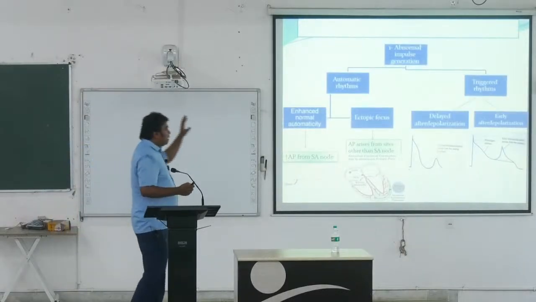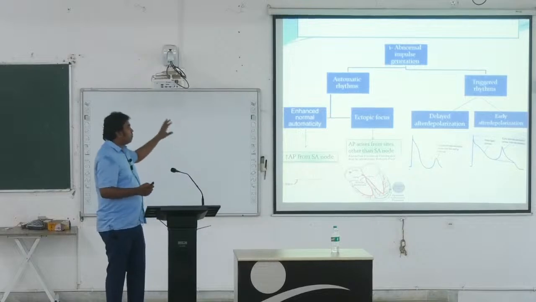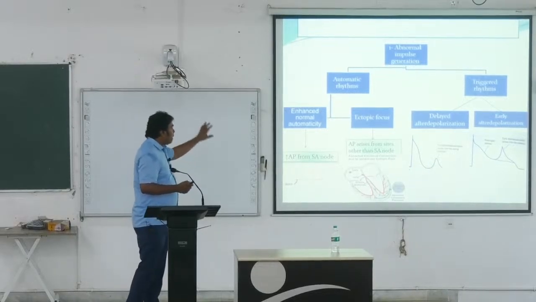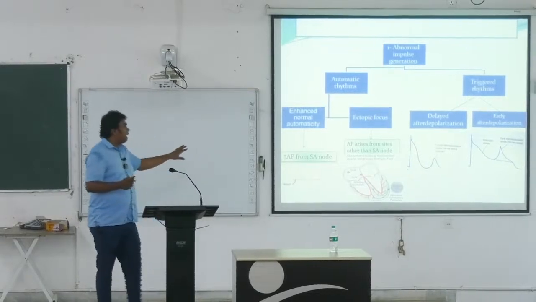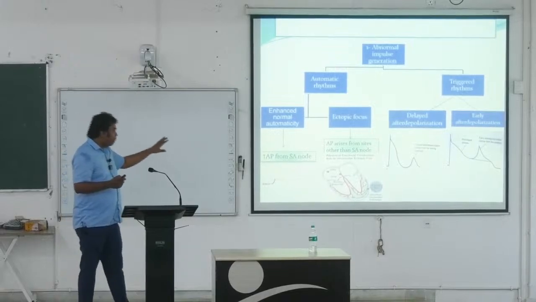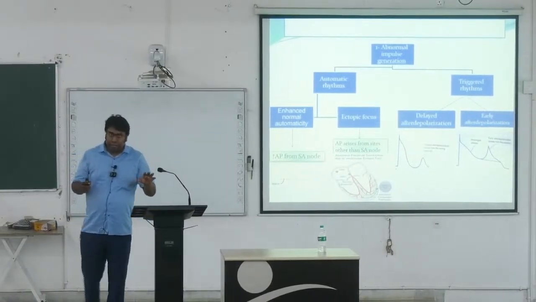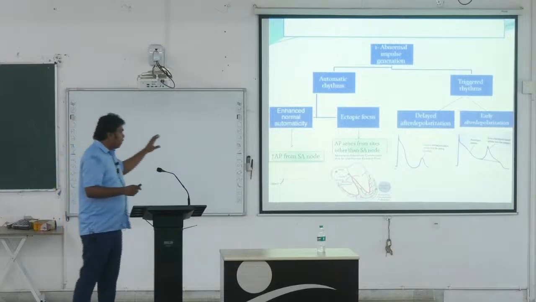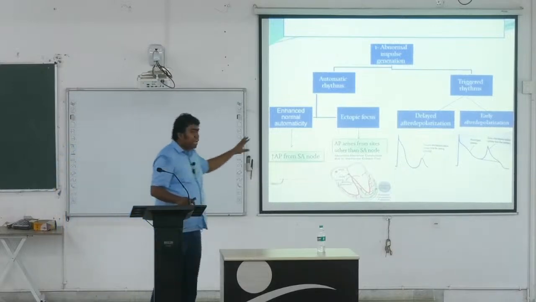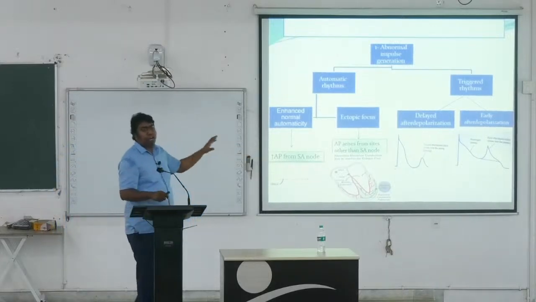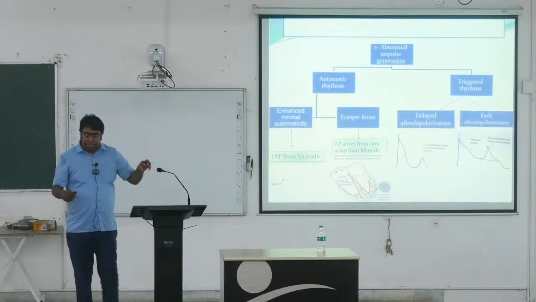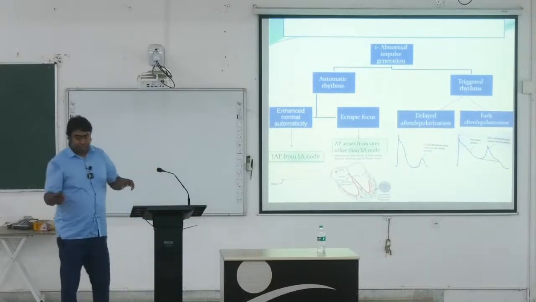So abnormal impulse generation may be automatic, with enhanced activity from the SA node, or from an ectopic focus. An impulse arising from somewhere other than the SA node is called an ectopic focus. It may be in the atrium or in the ventricle.